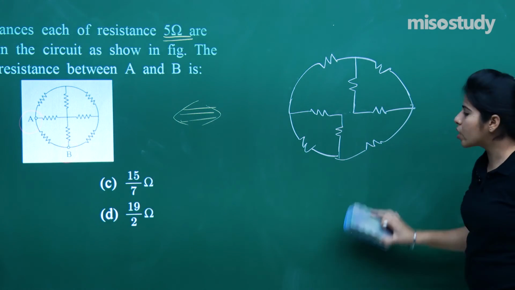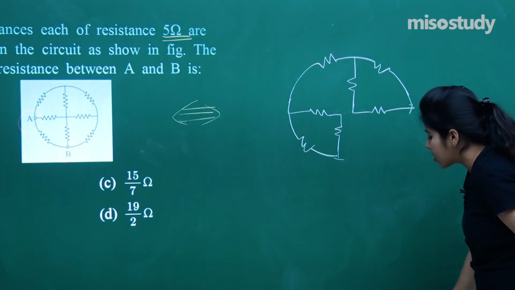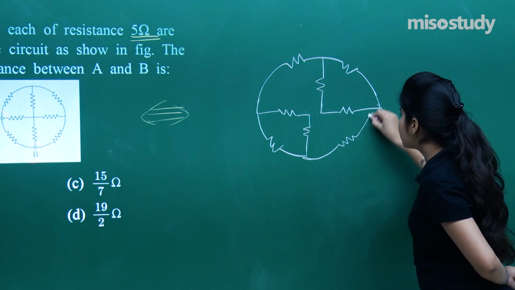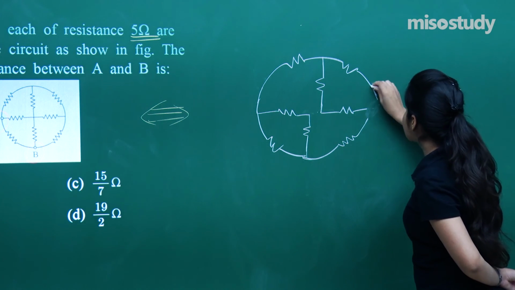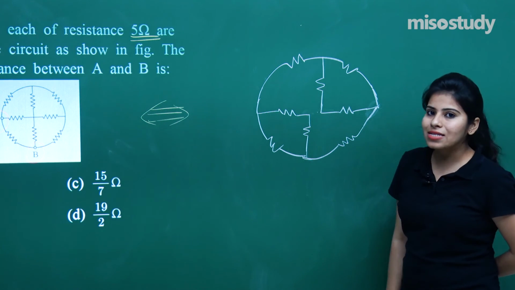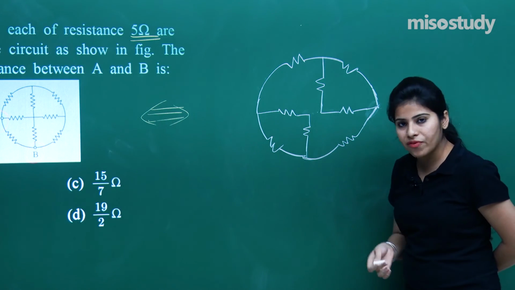It is not looking as beautiful as earlier, when it was in a circle, but still I managed to draw this for you. Just please consider it. Okay, so this is the circuit that has been simplified now.